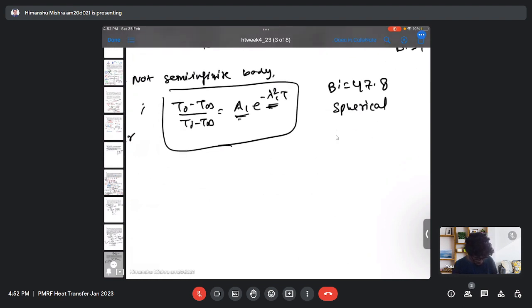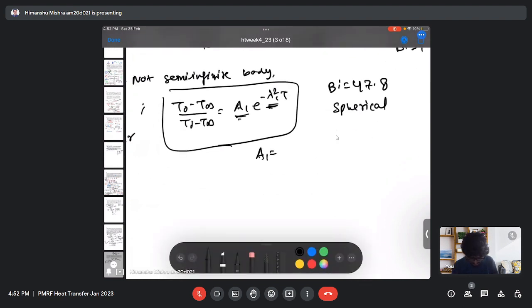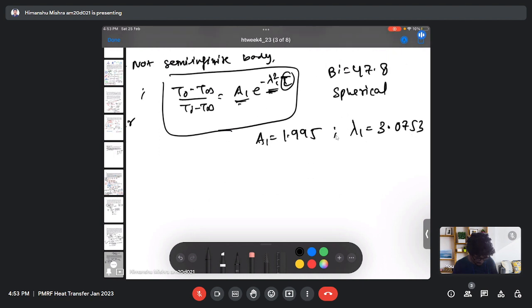So here my A1 is 1.995 from the chart, and lambda 1 is 3.0753, and this is my time constant. I need to find this time constant, so just plug into this equation 1.